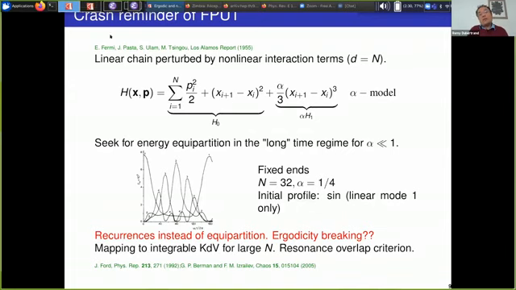The idea of the numerical simulation, which was quite remarkable at that time, was that if one puts all the initial energy in one mode of the integrable Hamiltonian, due to the nonlinear interaction the other modes could play the role of a thermal bath, and the whole chain would finally equilibrate in the sense that all the modes would have the same amount of energy after long enough time.